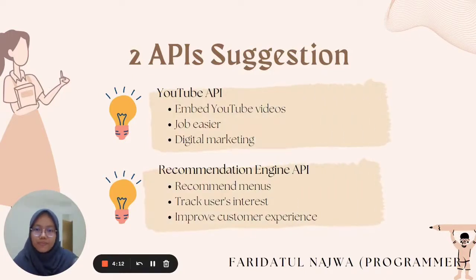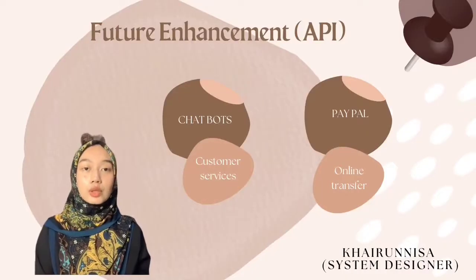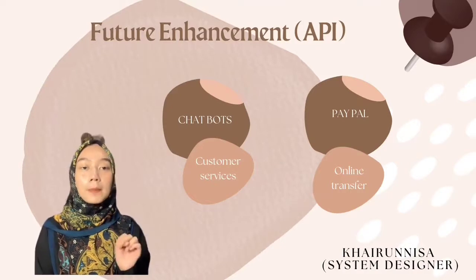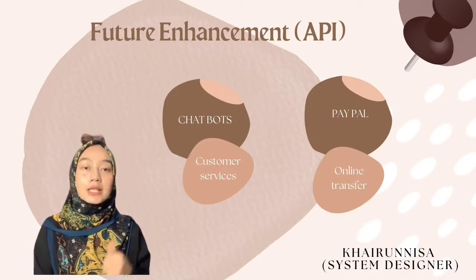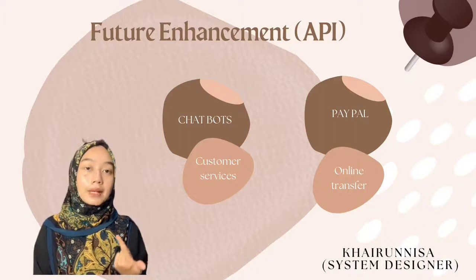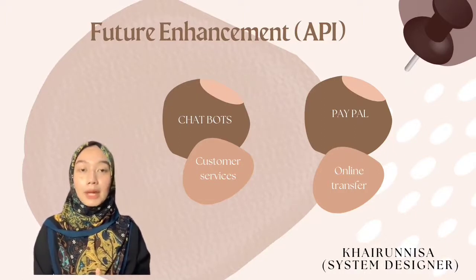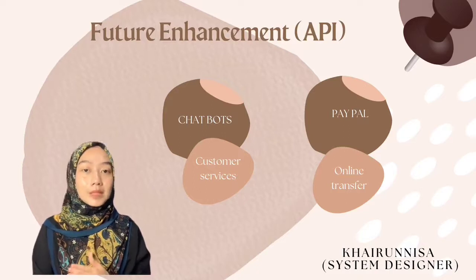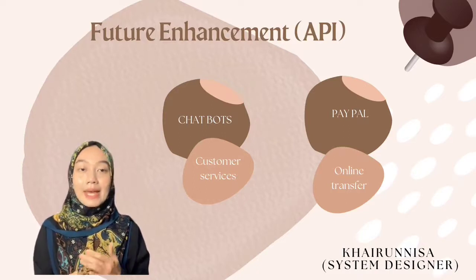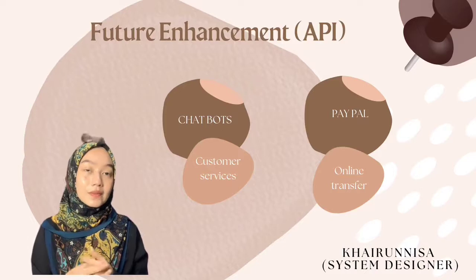experience. The AirAsia food should propose two APIs, which are Chatbot API and PayPal API. Firstly, the chatbot will automatically reply to assist a customer by automatic conversation, and it can call customer service.